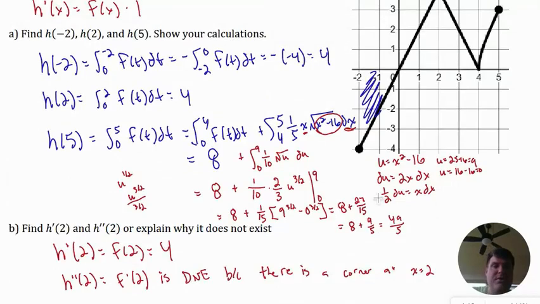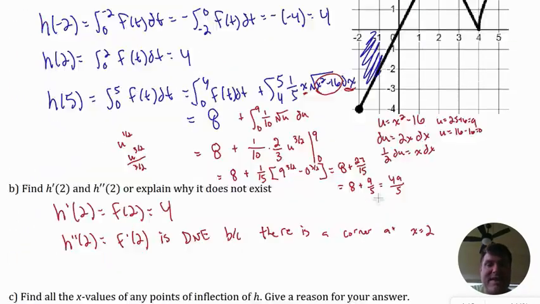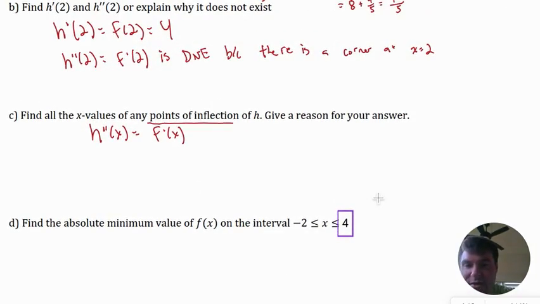So we need to know when h double prime changes signs. That's the same thing as an inflection point. I'll write that down so we have it. H double prime changes signs, which in our case is when f prime has relative extrema.